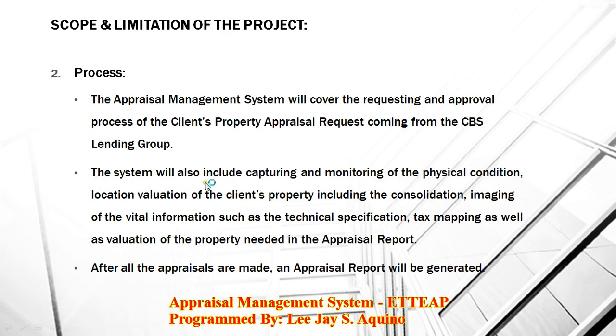The system will also include capturing and monitoring the physical condition, location, and valuation of the client property, including the consolidation and imaging of vital information such as technical specification, tax mapping, as well as validation of the property needed in the appraisal report. After all the appraisals are made, an appraisal report will be generated.